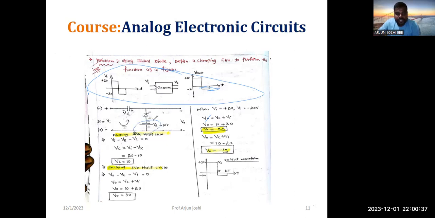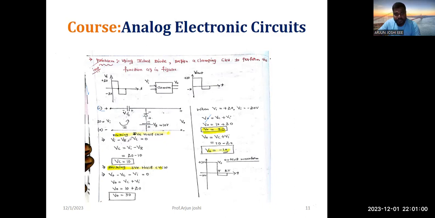Here we need to take a positive clamper, but you should add an additional DC supply of at least 10 volts, as per the output waveform. Now, during the negative half cycle, the diode is going to conduct, so I will consider the first negative half cycle.